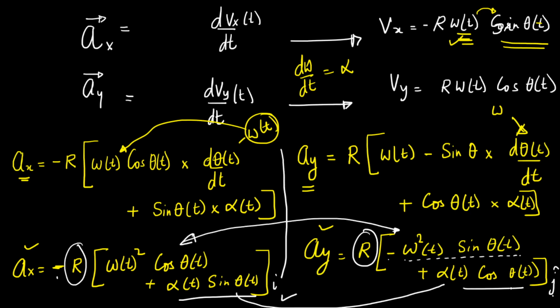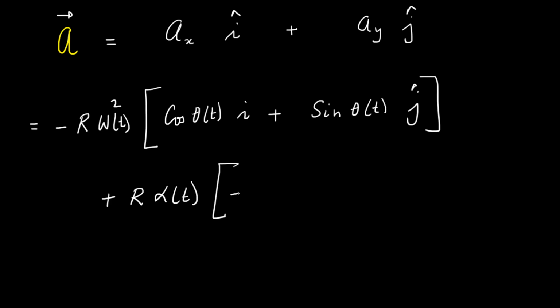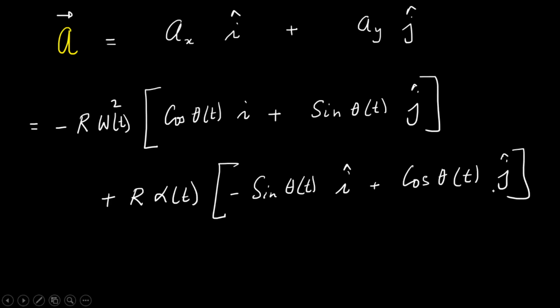So it's going to be minus sine theta i plus cos theta t j. And we're done. We are really done big time. So this is your acceleration.